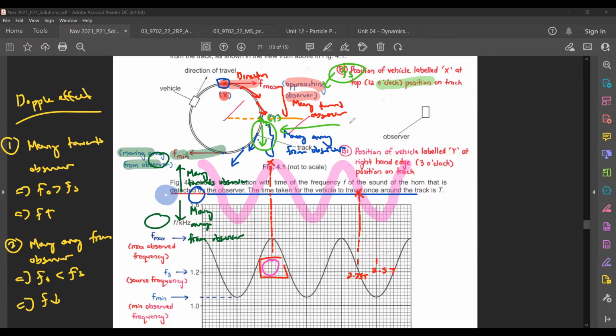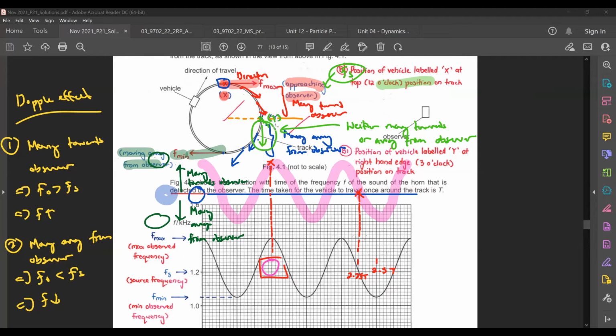So this one you are neither moving towards nor away from the observer, so you don't have any frequency change. You don't expect to see a frequency higher, nor do you expect to see a frequency lower than your source frequency.